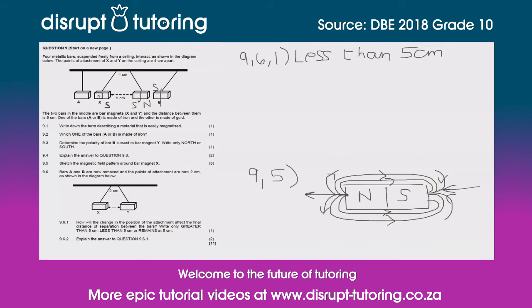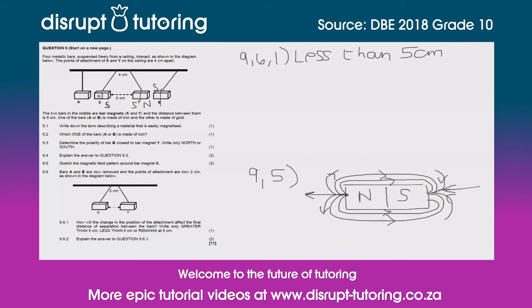First of all, we don't have a B magnet or that iron bar that is attracting the Y bar magnet further away from it. So now we don't have another opposing force pulling it the other way. So that could cause the distance to be not as far away.